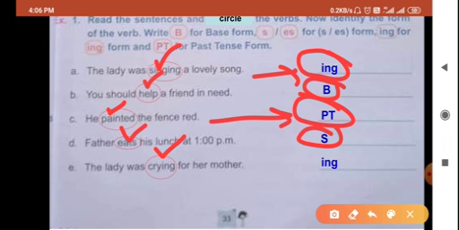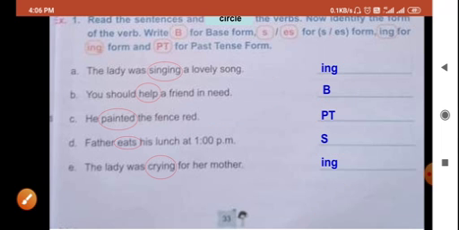The ing form of cry is used in this sentence. It is a sentence of past continuous tense. So here we will write ing, meaning the ing form of the verb is used and the verb is crying. Okay, students, understood? Good.